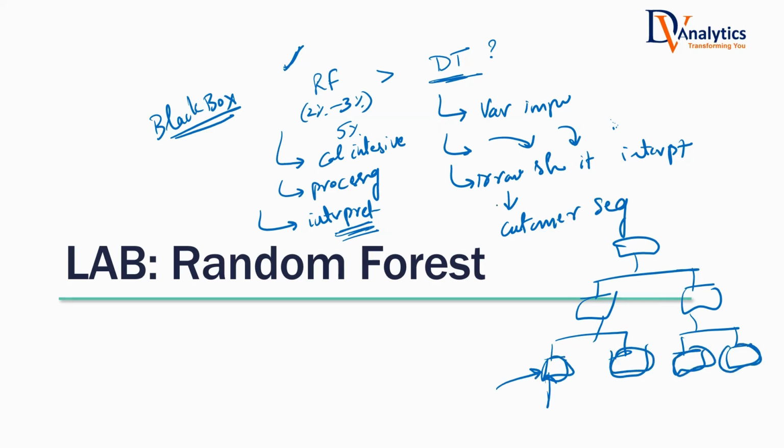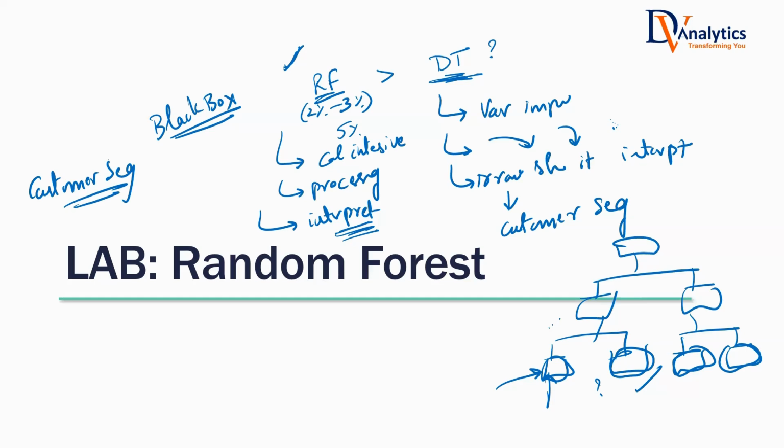Does random forest give you segments like this so that you can apply one strategy on each segment? Does it give you 4, 5 or 6 segments like this? If you want to do customer segmentation, and run a marketing strategy or sales strategy, you have two options. Would you go for random forest or decision tree? Which one will give you the segments?